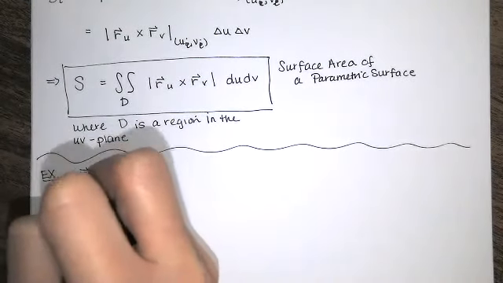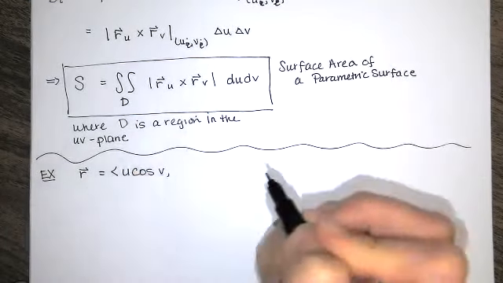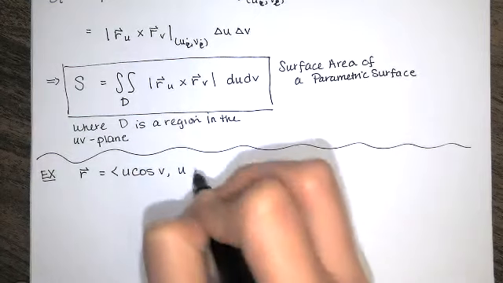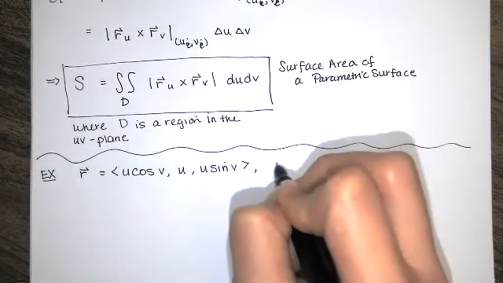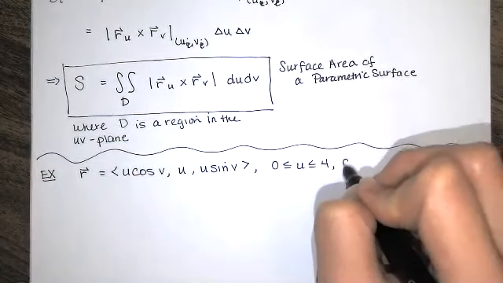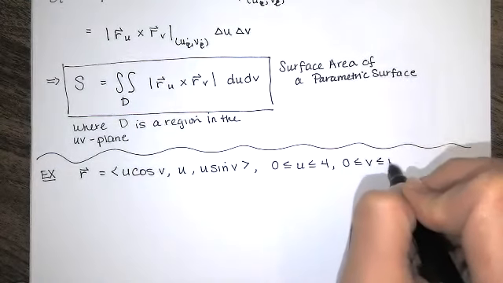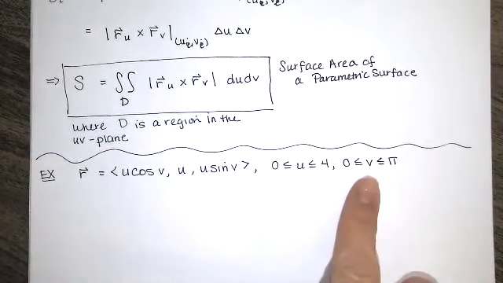So we have r of u and v equals u cosine v i hat plus u j hat plus u sine v k hat. And u goes from 0 to 4, and v goes from 0 to pi. That's nice. We already have the bounds for D. They're stated for us.